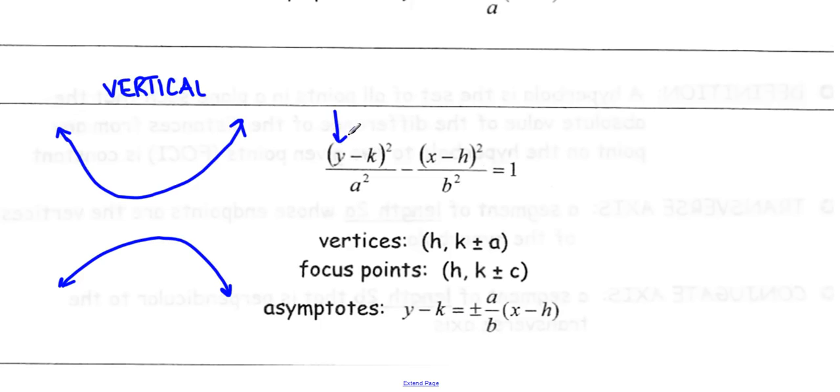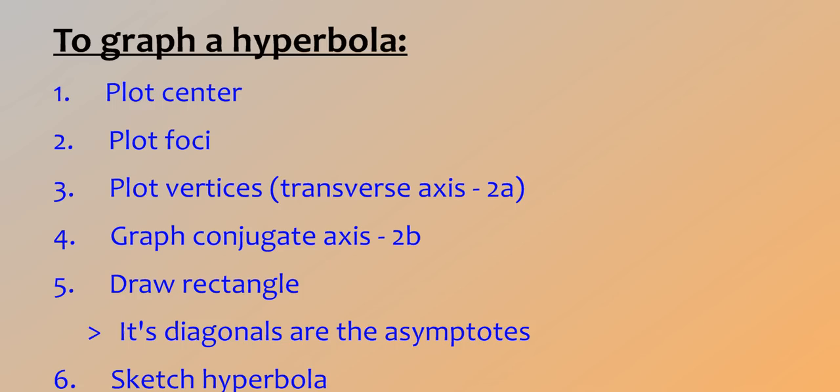This time we've got y first and x second. So we're subtracting x whenever we have a hyperbola that opens up and down. All right, also note the differences in finding the vertices, foci, and asymptotes. Our plus or minus a switches from our x coordinate to our y. Same thing with our c. All right, so let's use these in a couple of quick problems.